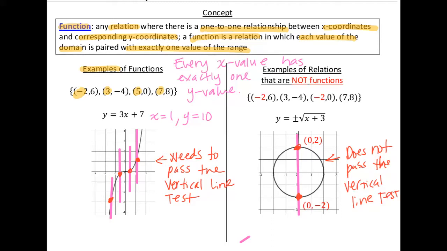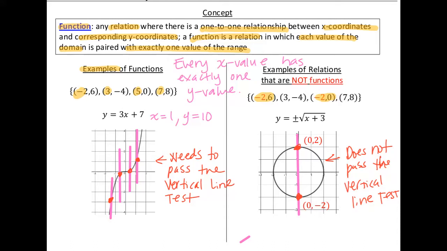It's crossing the vertical line 2 times, so then it's not a function. As coordinate pairs, I can see the -2 is paired with the 6, and the -2 is paired with the 0. So -2 is paired with 2 different y values, so then it's not a function.